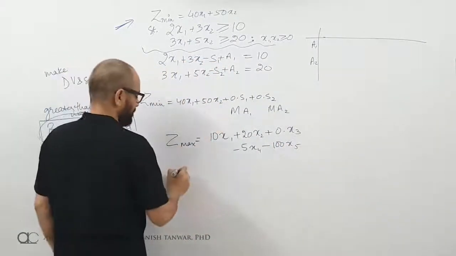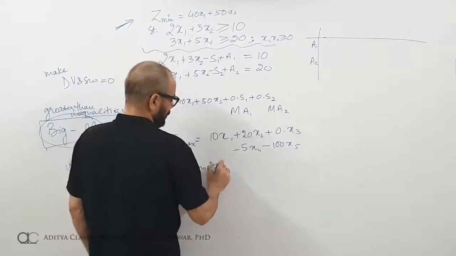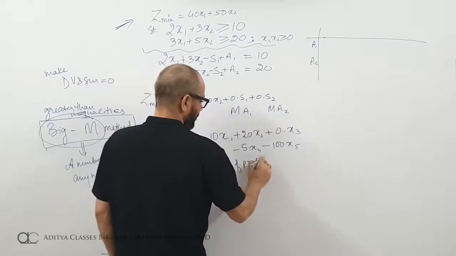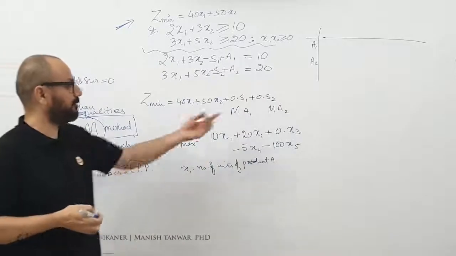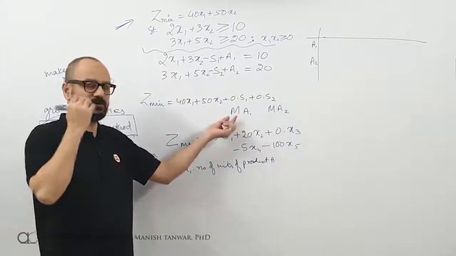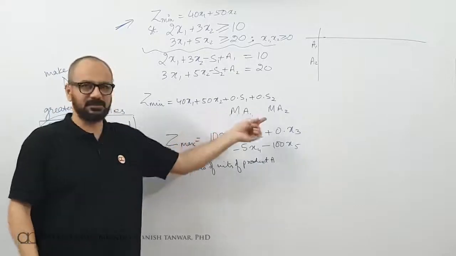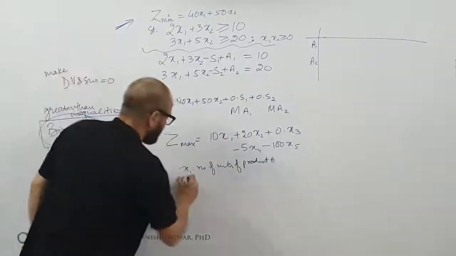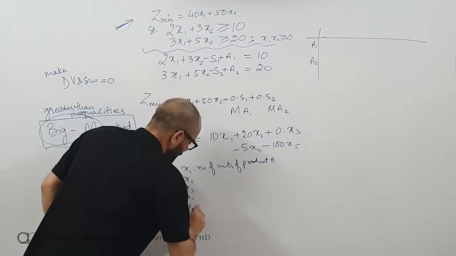What is x1? Number of units of product A. Now understand this, what is the role of A, what should be the sign, minus or plus? Understand it very carefully. x1 is the number of units of product A, x2, x3, x4, x5.